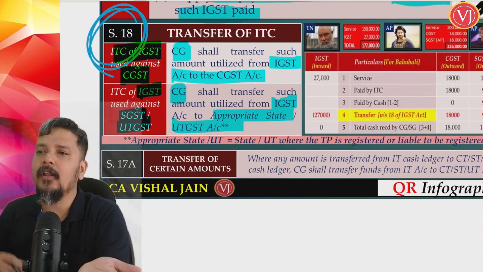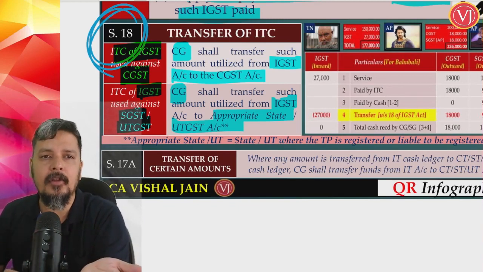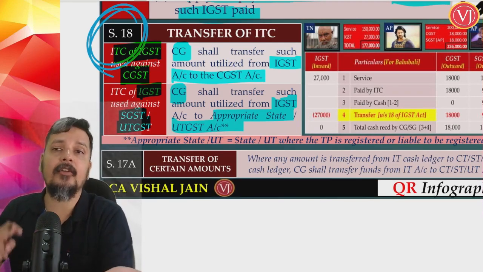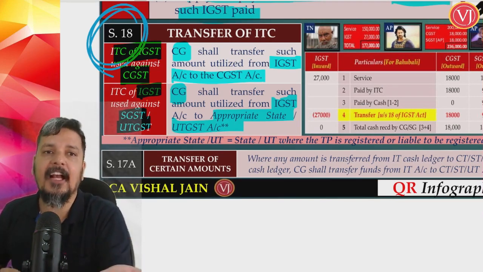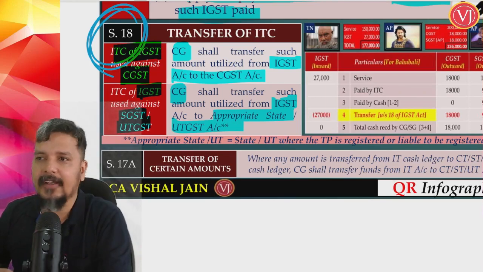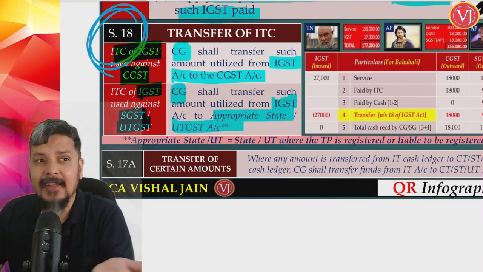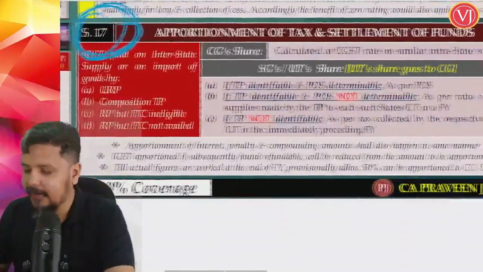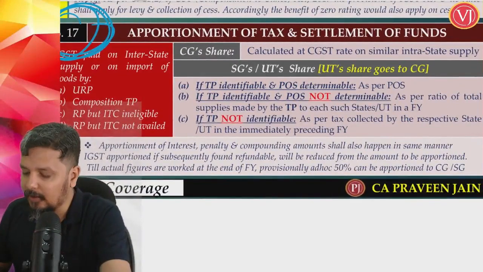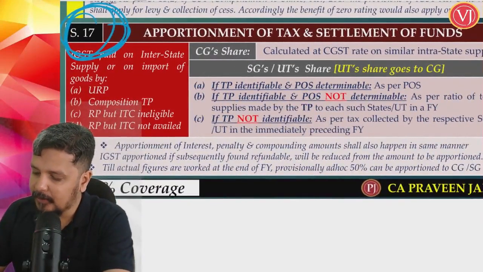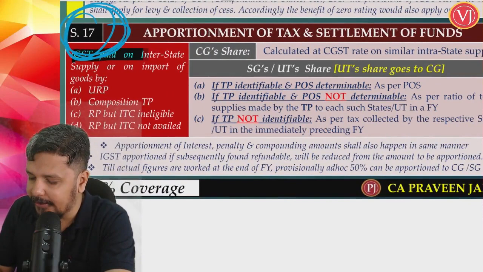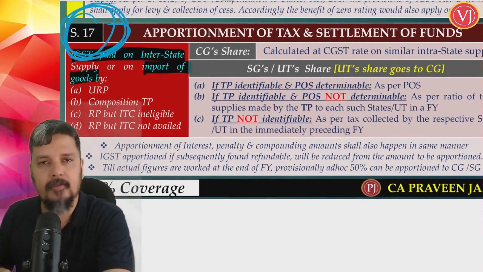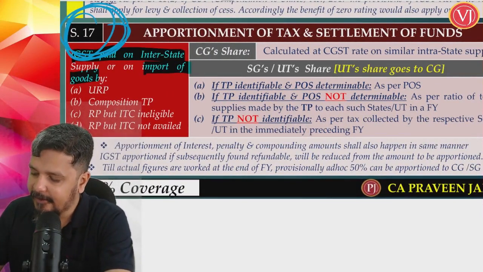IGST credit used for SGST output is permanently transferred to the state government. SGST credit used for IGST output, the state government has to transfer it to the central government. So that is understandable. What if I tell you that ITC itself is not taken? Now when will this happen? If at all there is IGST being paid on interstate supply, including import of goods. But that is by whom?